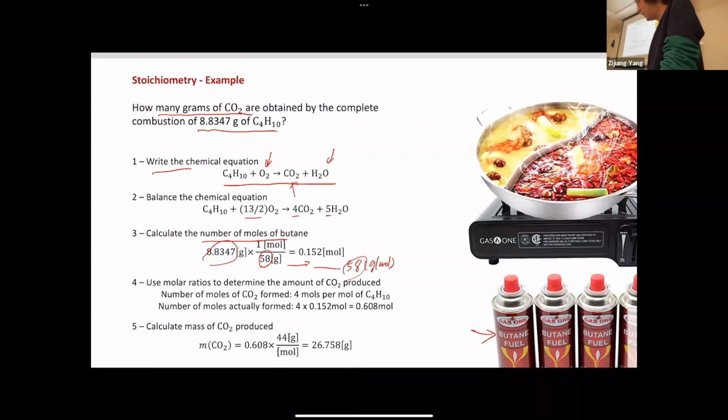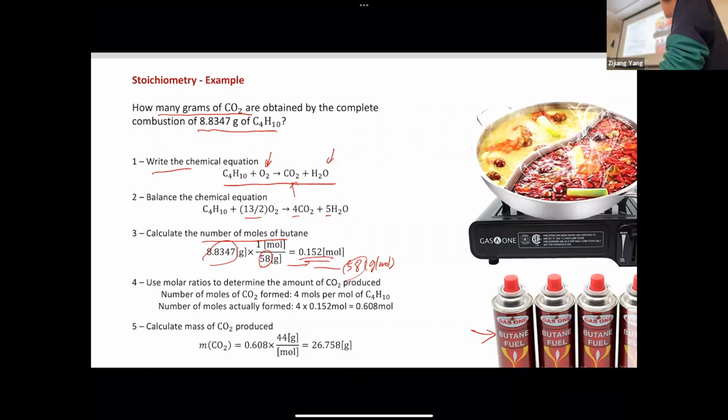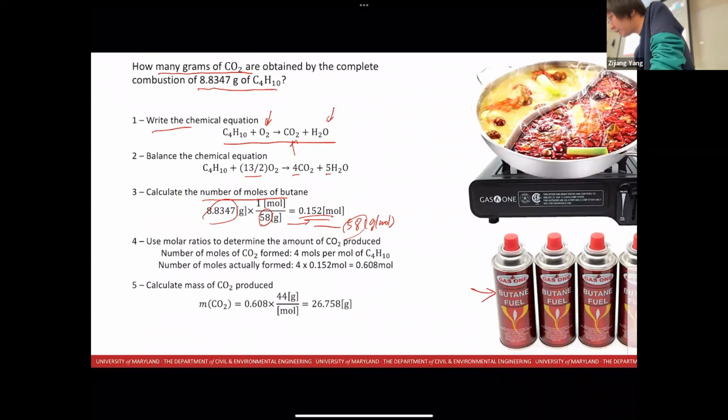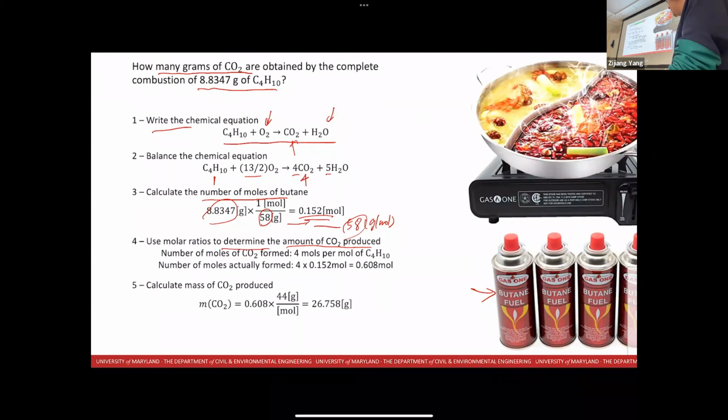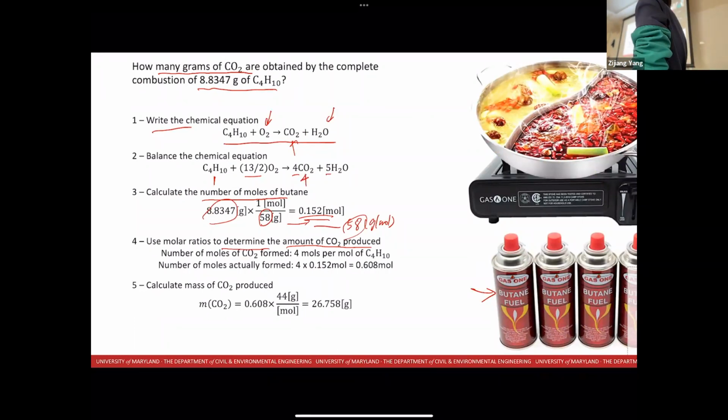We can obtain the number of moles of the butane. And in this case, we can use the mole ratio to determine the amount of CO2 that is produced. We can see that this is 1, and the coefficient is 4, which means the moles of CO2 is 4 times the amount of butane.